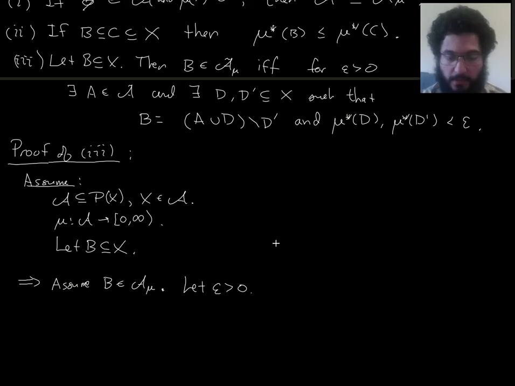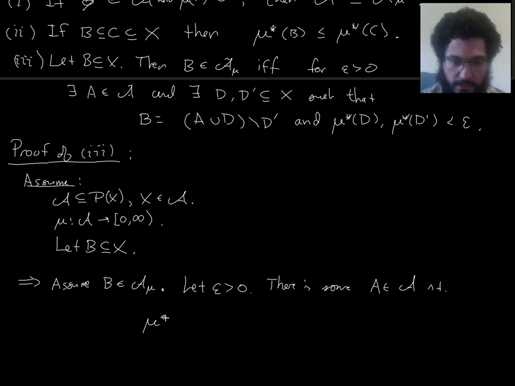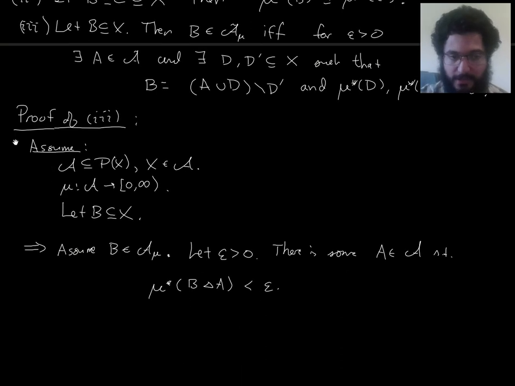Now let me make use of the for all epsilon condition that I have. It tells me that there's some special A such that mu star of the symmetric difference, B symmetric difference A, is less than epsilon. And I can put any positive number I want here, but I choose to put epsilon actually. So we'll see that choice of epsilon works.